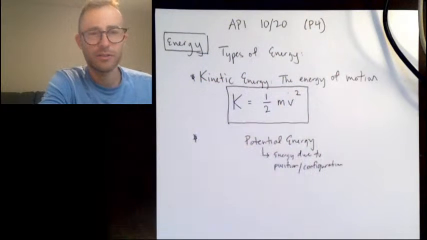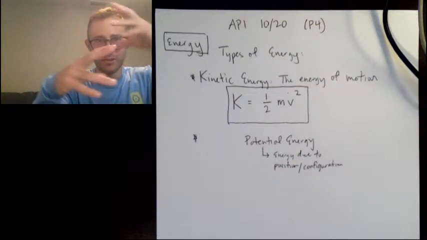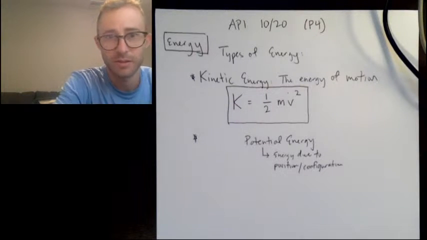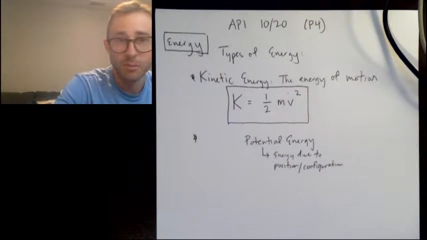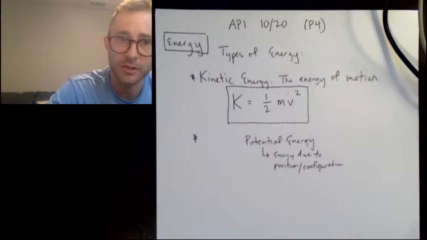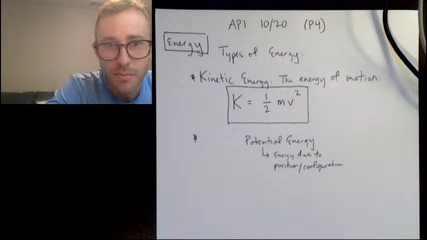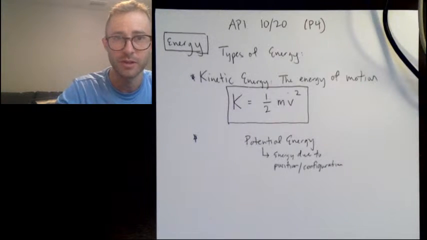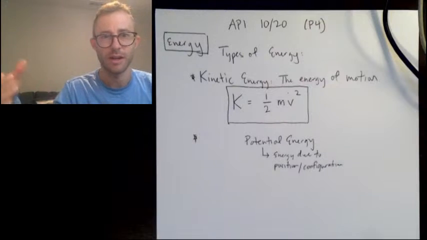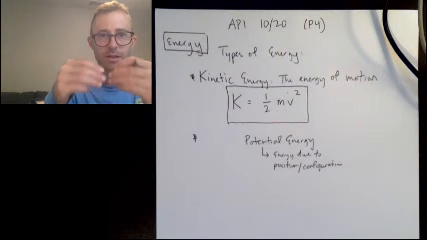It has to do not with how fast you're going, but with the organization of the thing. So it's the energy of position. And there are multiple types of potential energy. There could be, for example, chemical potential energy, which is the energy of, for example, gasoline. The gasoline molecules have a certain configuration that gives them energy.